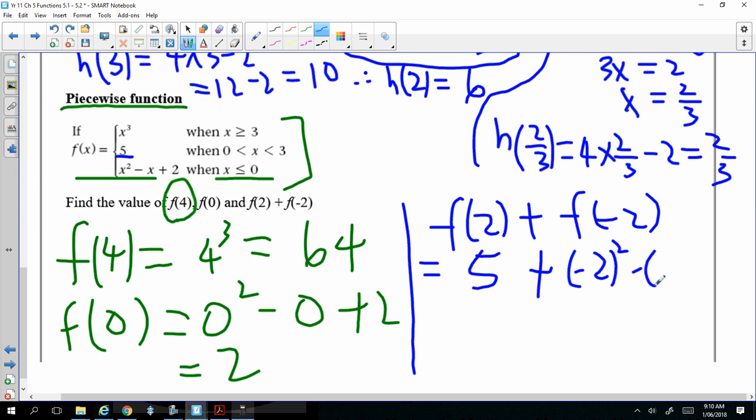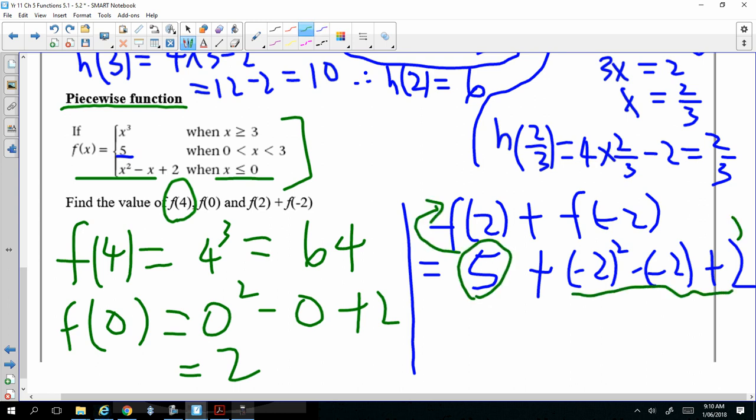So this comes from this. All of this comes from there. And then f(2) equals 5. So you now have to simplify. So what would that be? 5 plus 4 plus 4 plus 2.